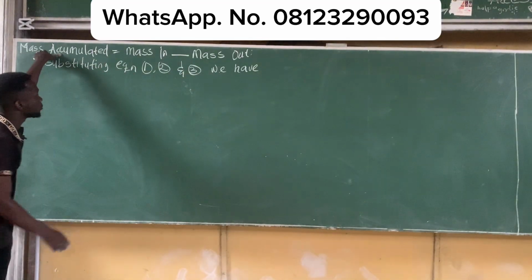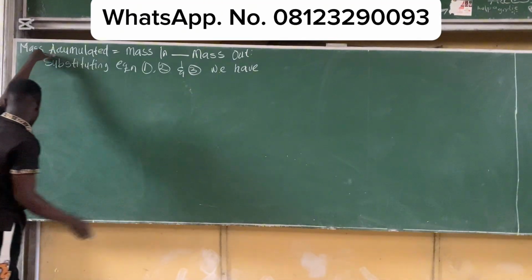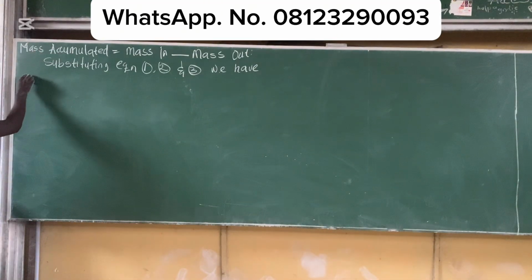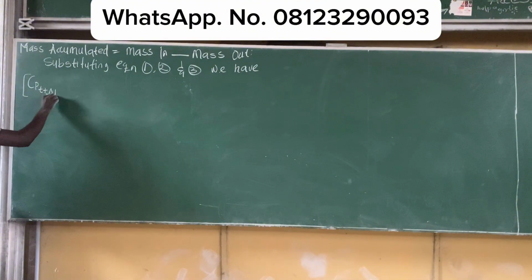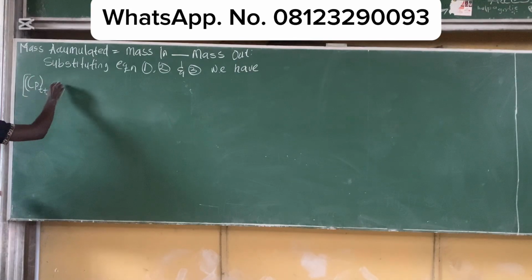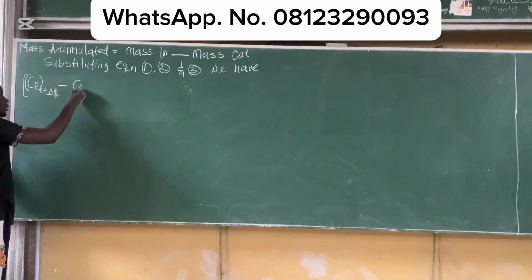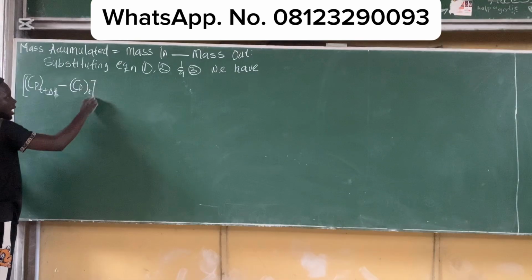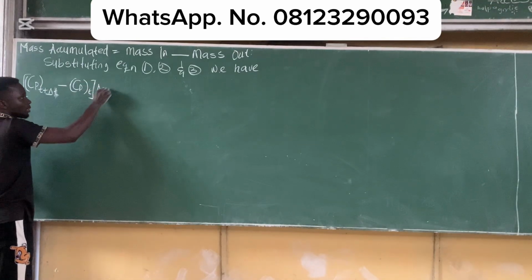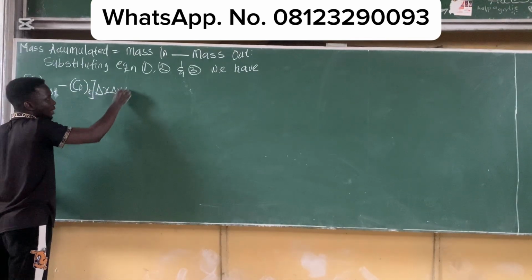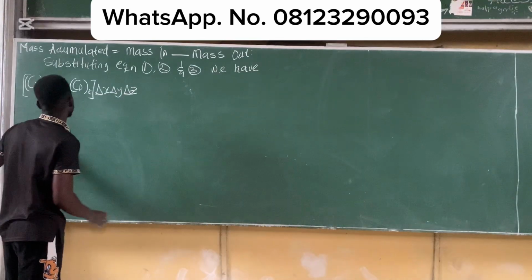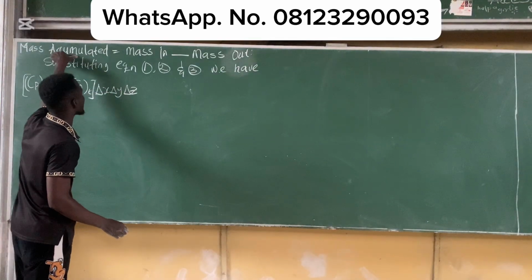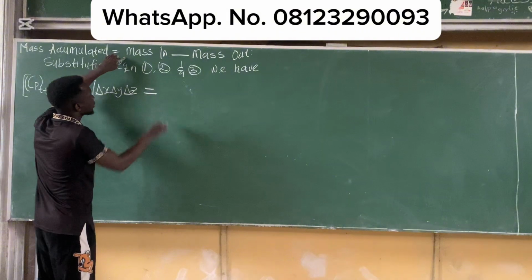So our mass accumulated is our equation 3, which we have Cp t plus delta t minus Cp at t multiplied by the x, the y, and what? The z.